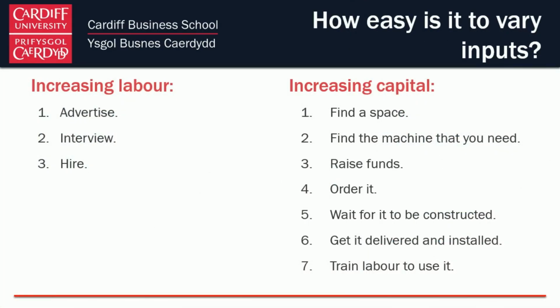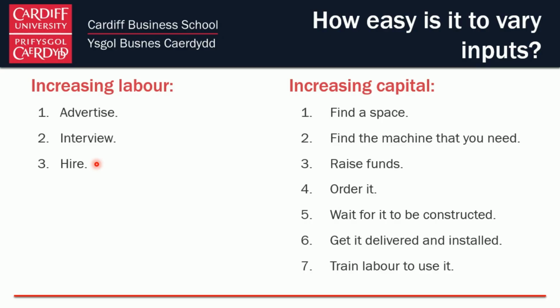When it comes to adjusting inputs, capital and labor, it is generally easier to vary labor than capital. As you can see on the slide, increasing the labor requires only a few steps. Just advertise for a position, interview the candidates, and then hire. Depending essentially on the bureaucracy of your company, this could be done rather quickly, within a matter of days in some cases.